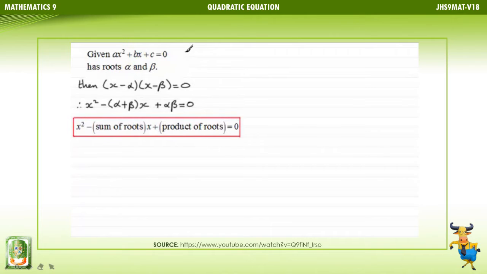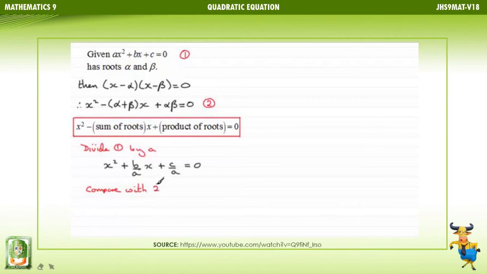Now if I number this first quadratic equation as 1 and this one here as 2, if I divide equation 1 by a, then we get x squared plus b over a times x plus c over a, and that equals 0. Now if I compare this equation to equation 2, what do we notice?